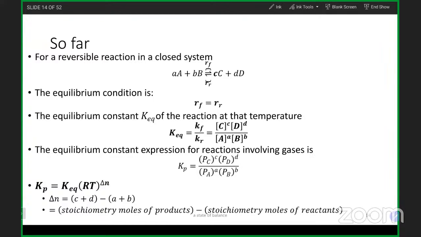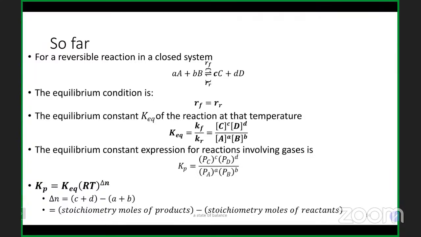So last class, so far we were able to talk about reversible systems, and that if the system is in a closed system, the reaction can go forward and go backward.